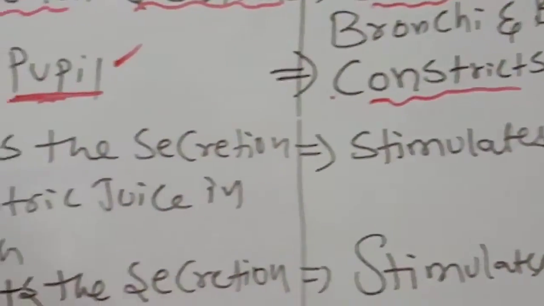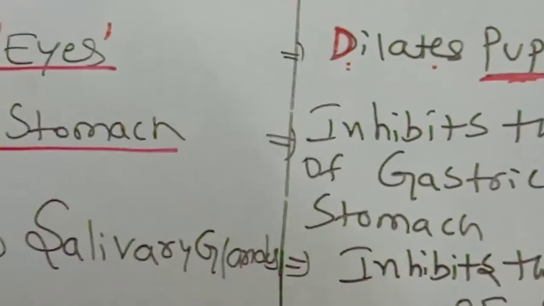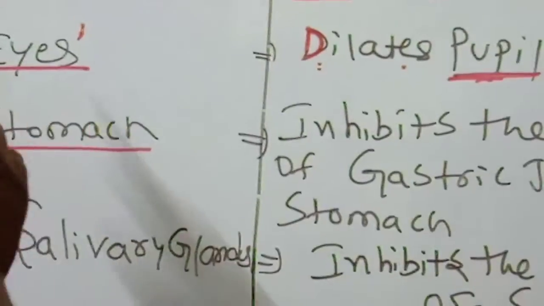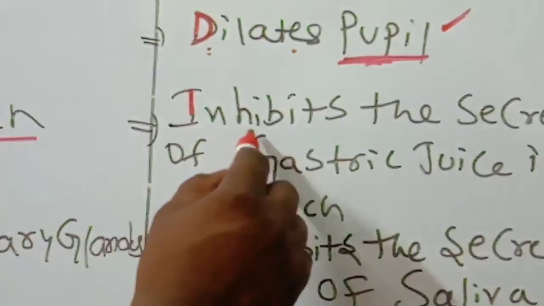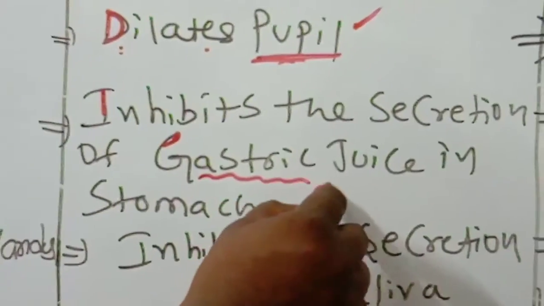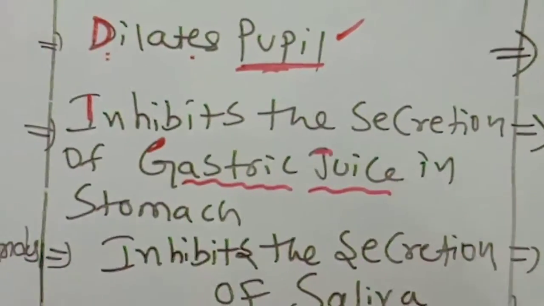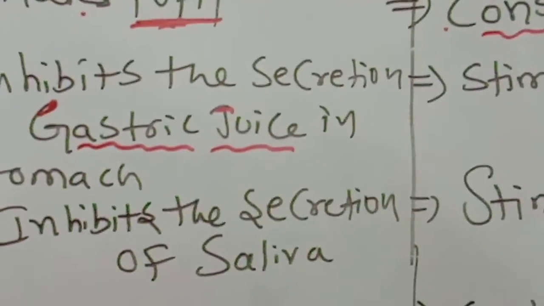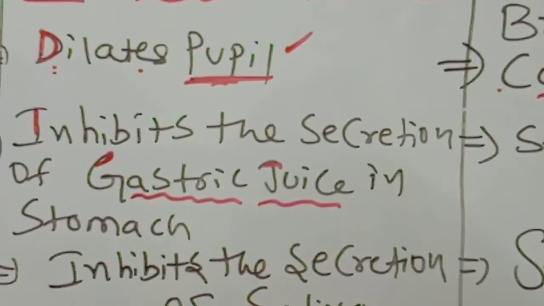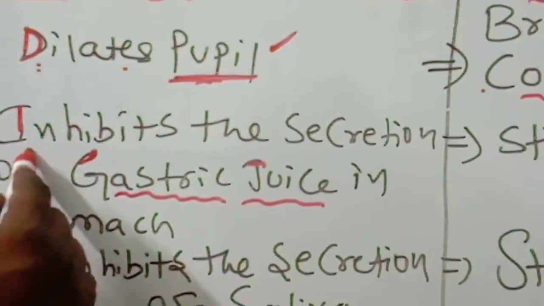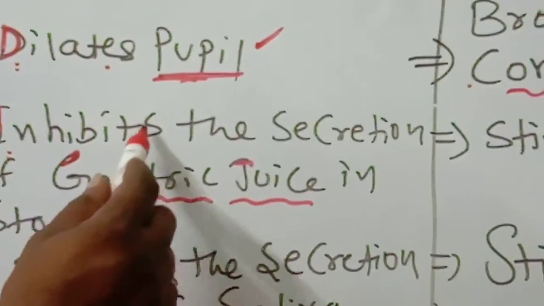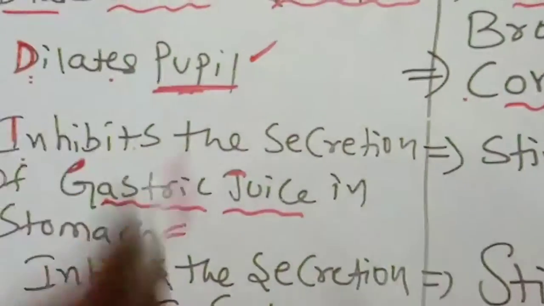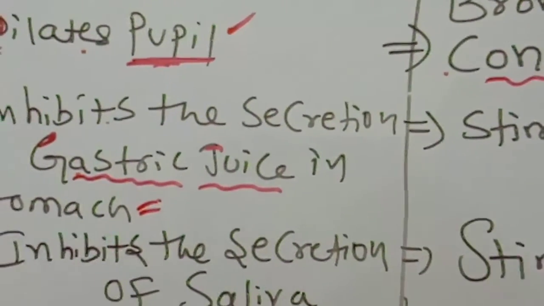The next one, stomach. What is the effect of the sympathetic nervous system on the stomach? The stomach secretes gastric juice, which contains renin and enzymes like lipases, which are helpful for digestion. The sympathetic nervous system inhibits the secretion of gastric juice, HCl and everything.